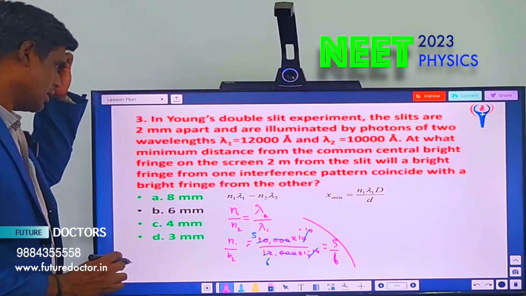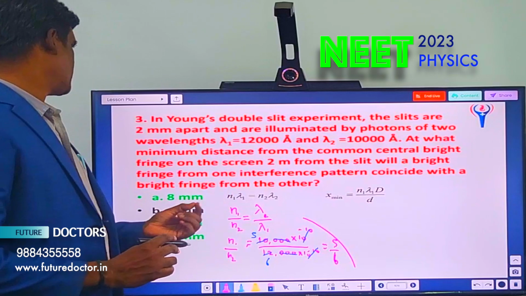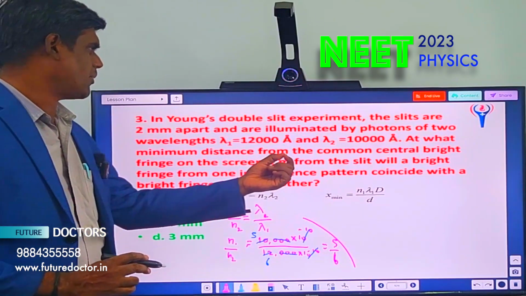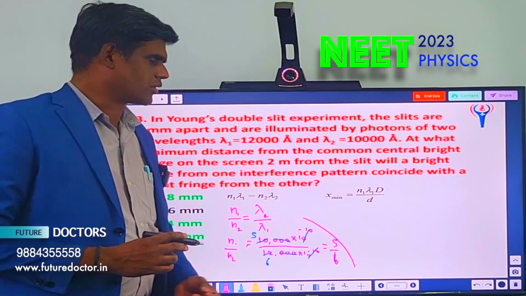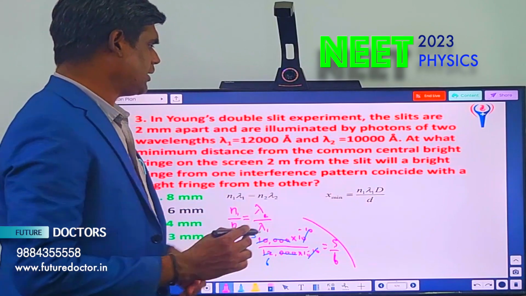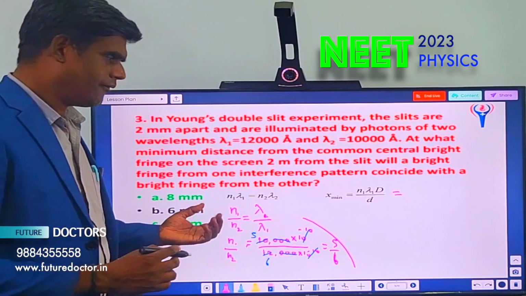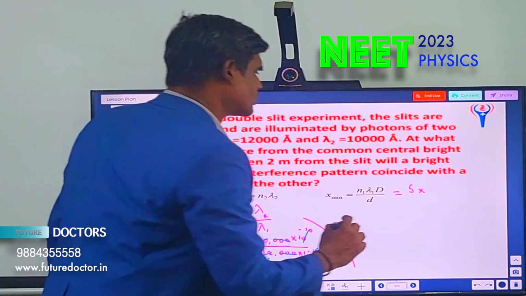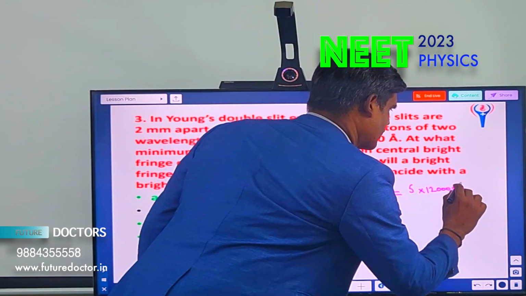Then the question is, at what minimum distance from the common central bright fringe on the screen, 2 meter from the slit, will a bright fringe from one interference pattern coincide with the bright fringe from the other? The formula is x minimum equal to n1 lambda 1 D by d, and n1 by n2 equal to 5 by 6, so n1 is 5. So 5 into lambda 1, which is 12,000 Armstrong, converted into meter as 10 power minus 10.